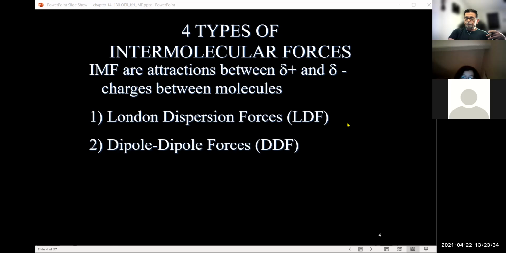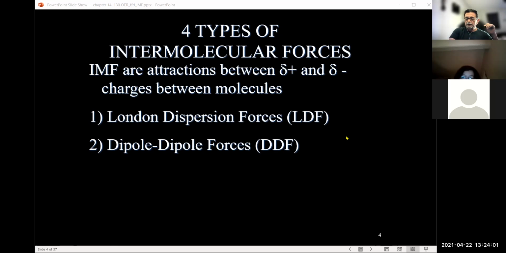Number two is a dipole force, okay? Just like the example we just did with the HCl, it's a dipole. Dipole, there's like little magnets all lined up, okay, because of the negative and positive charge. It's like putting a bunch of batteries in series.